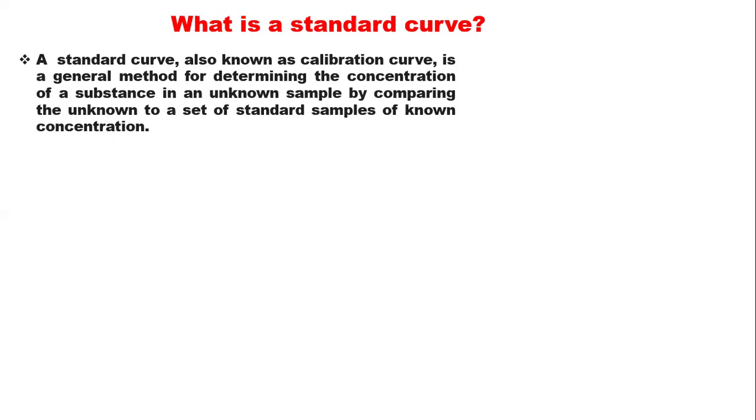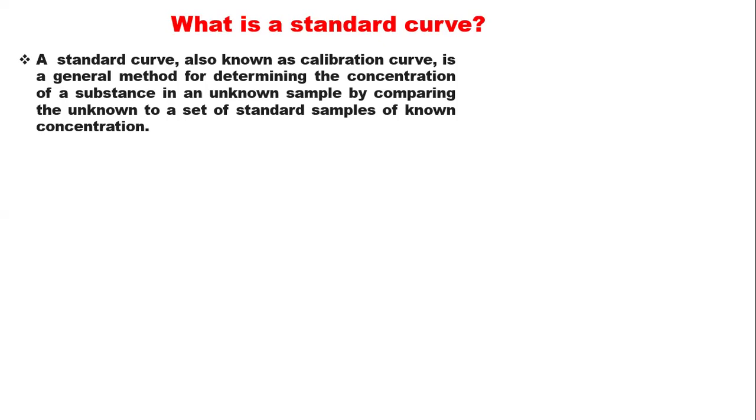Once you have plotted that standard curve, you will be given an unknown sample, and using the absorbance of that unknown sample, you can come to the graph of your standard and extrapolate the concentration of that unknown. That is exactly what we are going to be doing in this experiment.